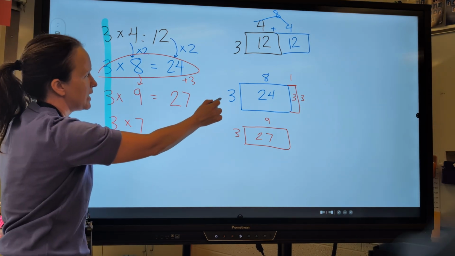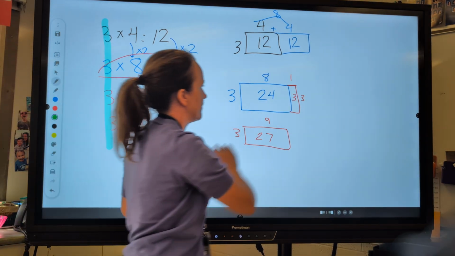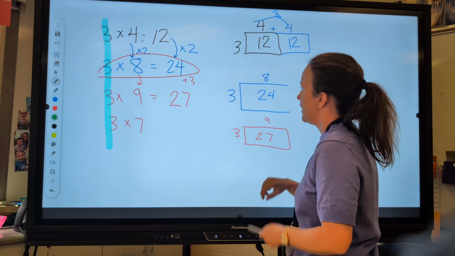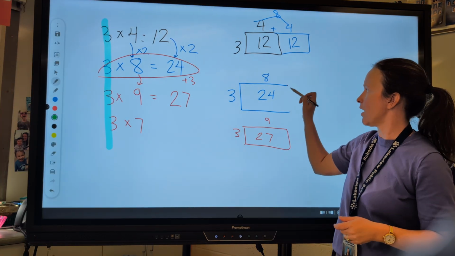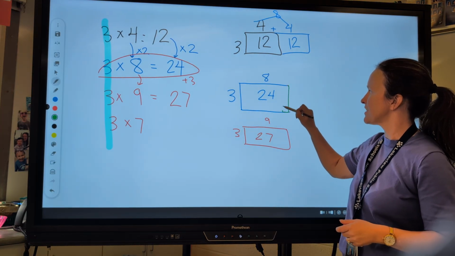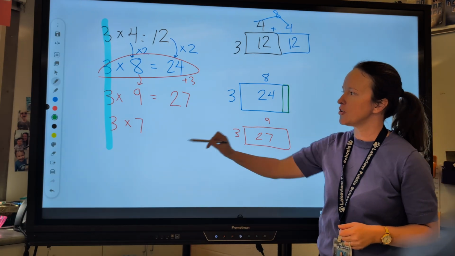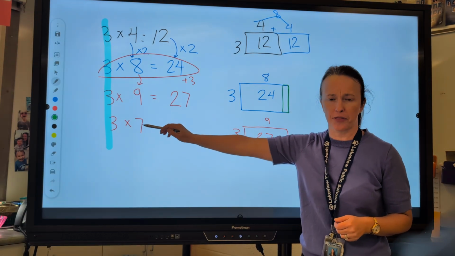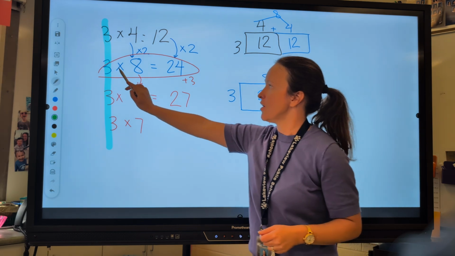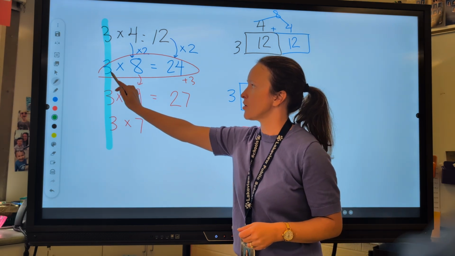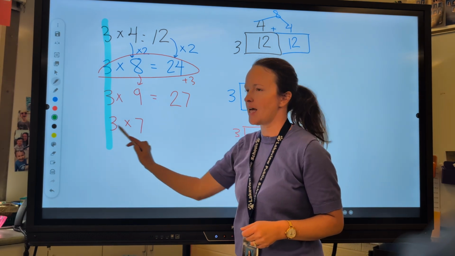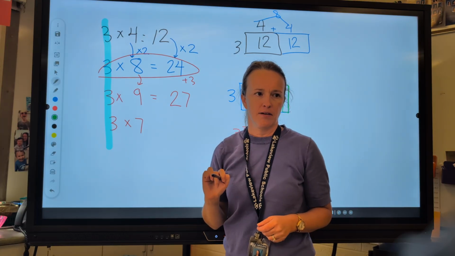So go back to when it said multiply by 8. That answer was 24, right? Now I'm going to take away part of that. I'm going to take one group away, one group of 3, because this says 8 groups of 3. This says 7 groups of 3.